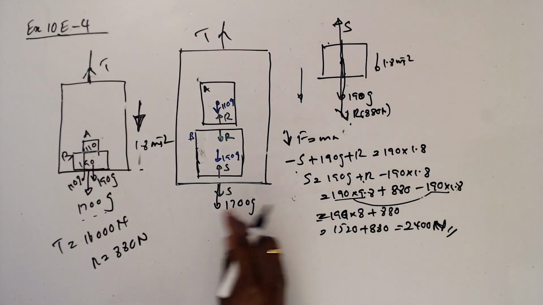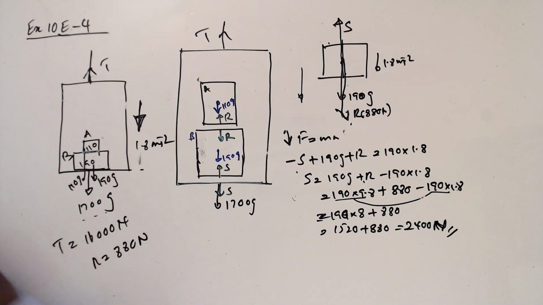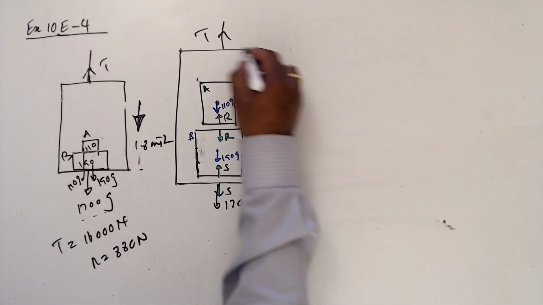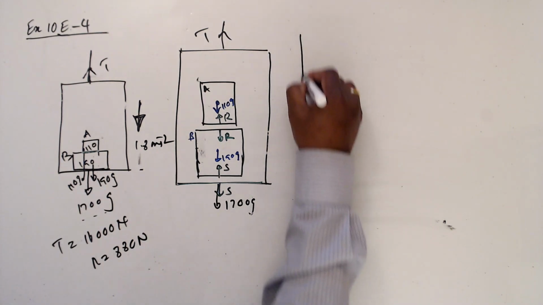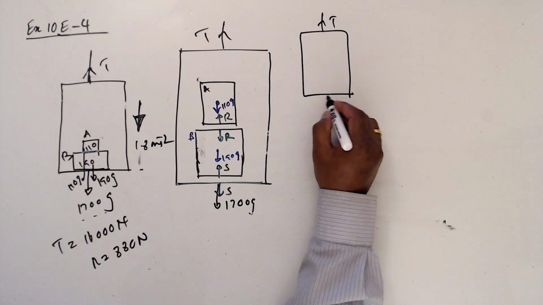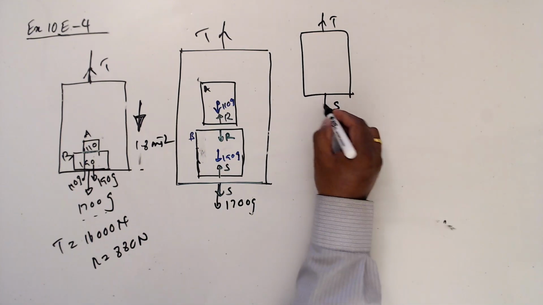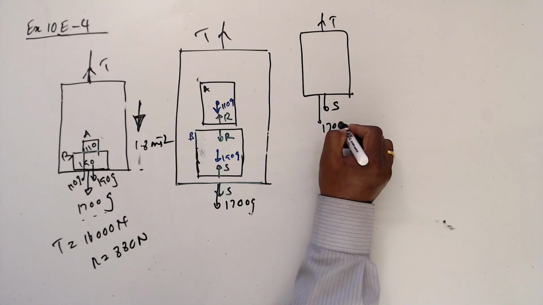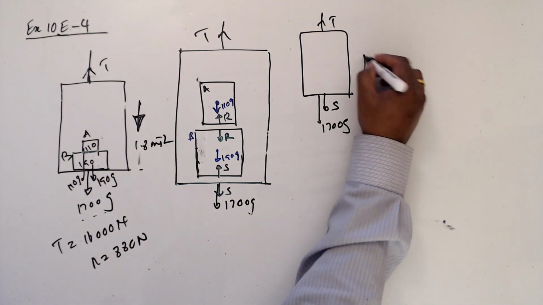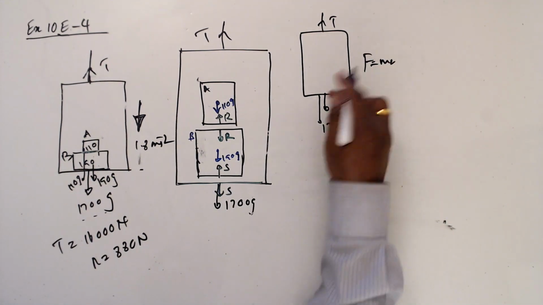Now the same thing we can consider with this one and work it out. When you consider this lift, T is there and you have S here, and 1700g, the weight of the lift. So F equals ma.